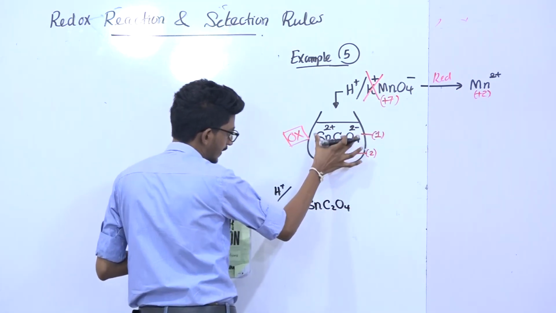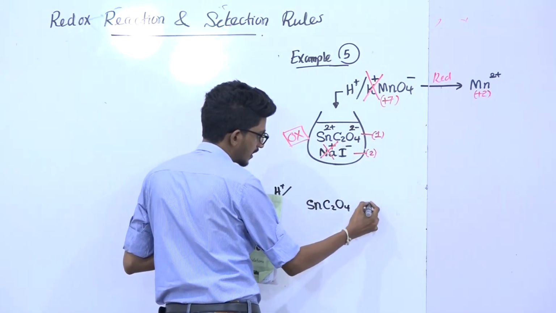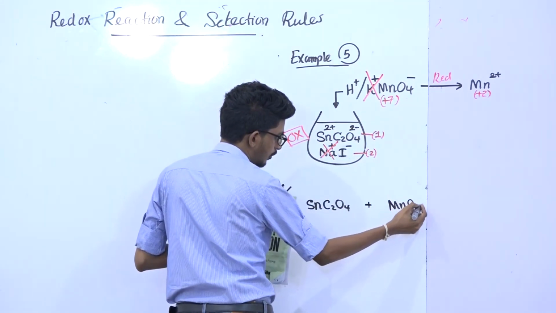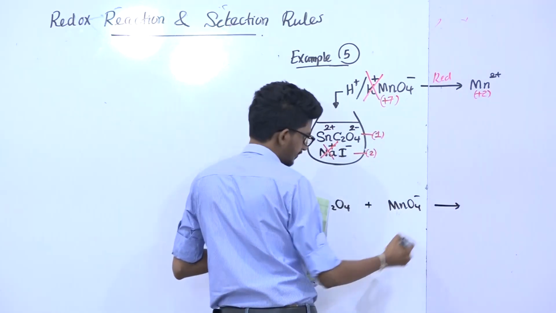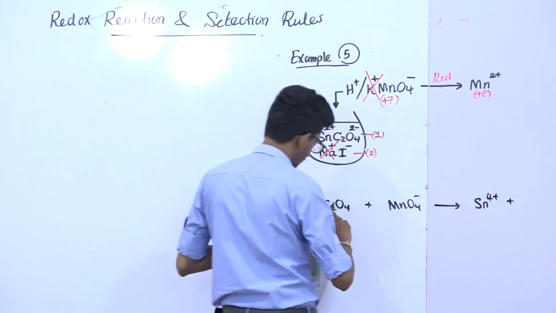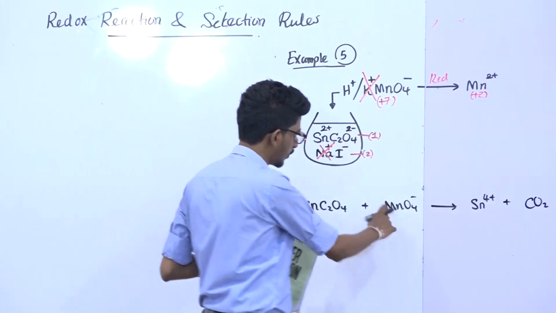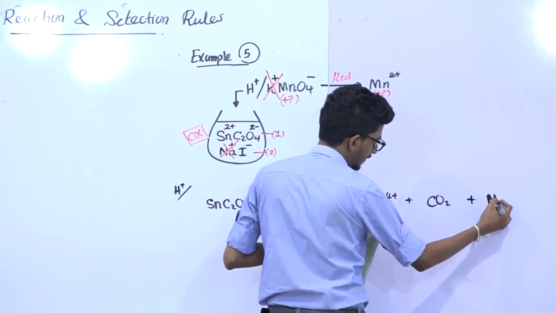SnC2O4, this whole salt, both the cation and anion will participate in oxidations, right? Reacting with MnO4-, the Sn2+ goes towards Sn4+, and oxalate will go towards CO2. That is how it gets oxidized, and MnO4- will reduce to Mn2+.